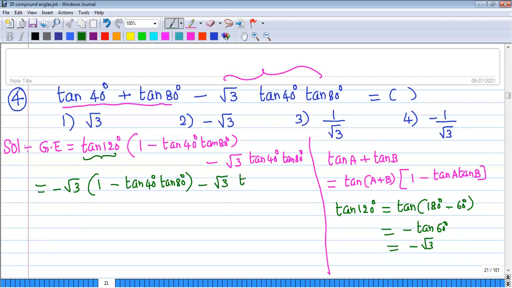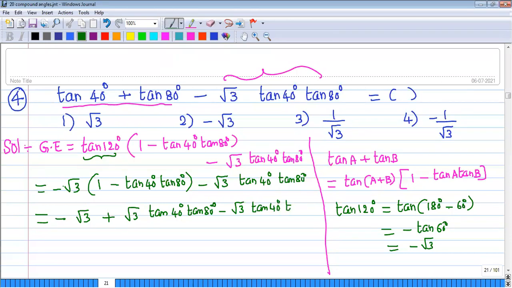Next, what will you do? Open the bracket. Now what do you get? Negative root 3, plus root 3 tan 40 tan 80 degrees, and minus root 3 tan 40 degrees tan 80 degrees.